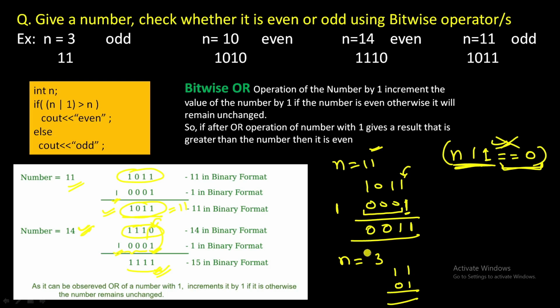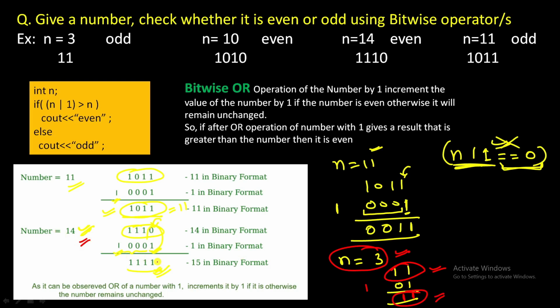If you apply the same thing on another odd number, let's say 3, which is 11, and you apply this mask 1 with the bitwise OR operator, 11 OR 1 gives 11, again 3. So I got the same number if my number is odd. My resultant number and the initial number are the same, not incremented, but in the case of an even number, they get incremented.